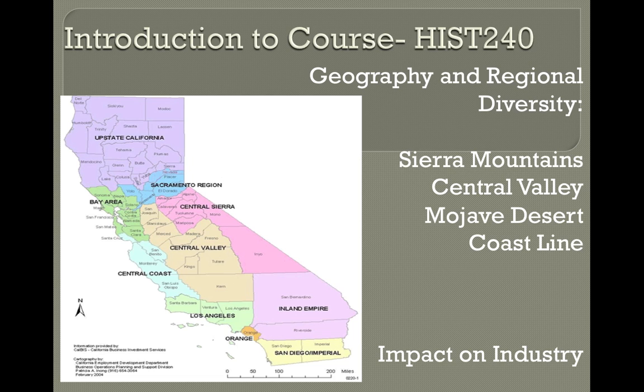Secondly, while the Sierra served as a refuge for runaway missions during the 1700s, by the 1850s, gold will attract thousands of foreigners from around the world, many of them Euro-Americans from the East Coast.